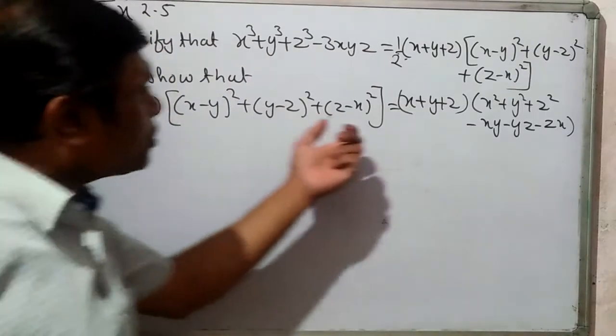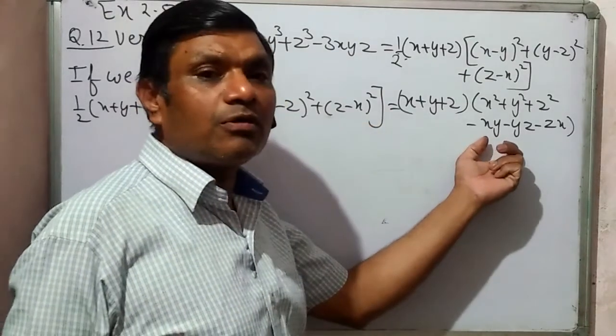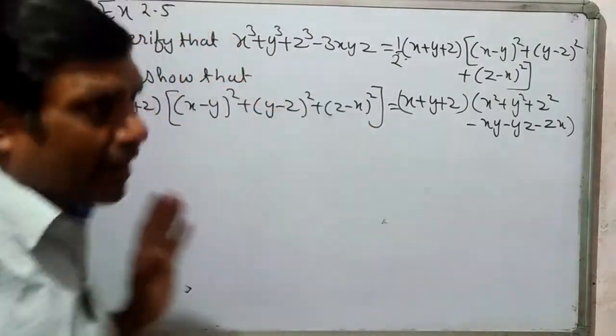So let us try to prove this equal to the right hand side of the identity.